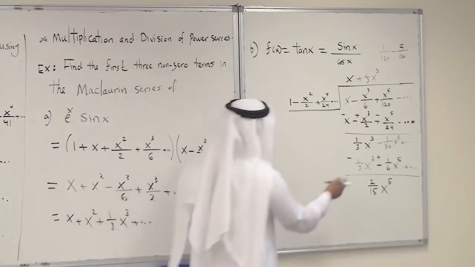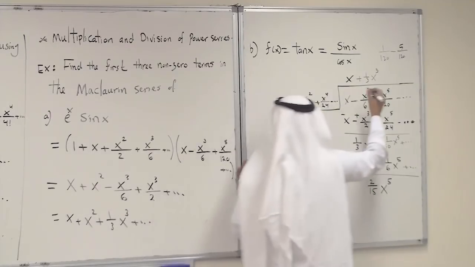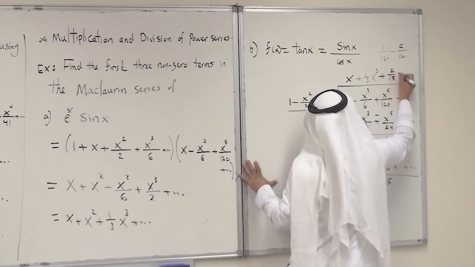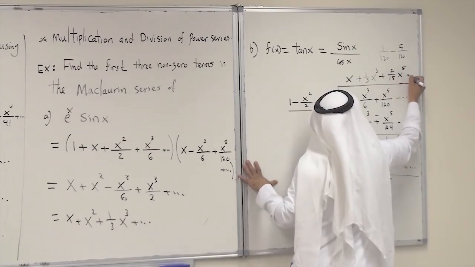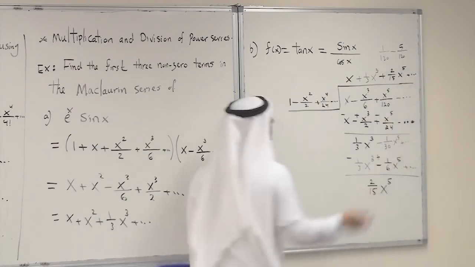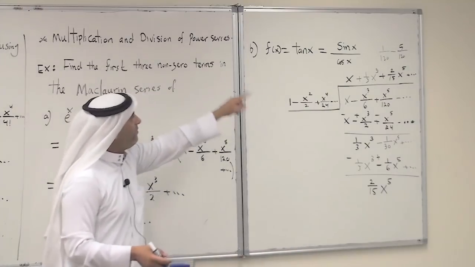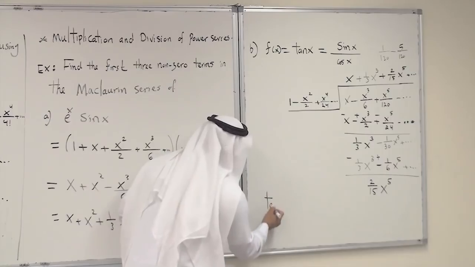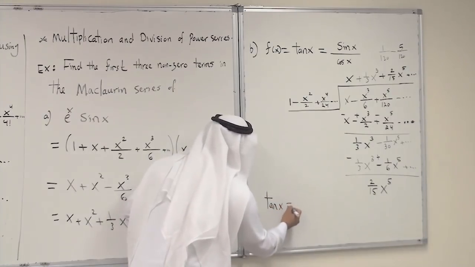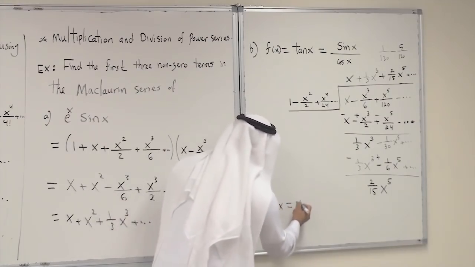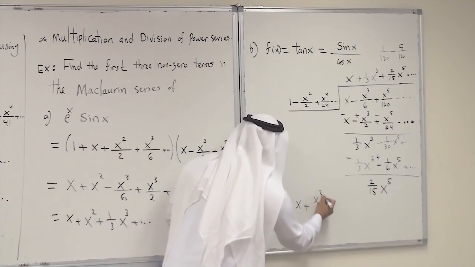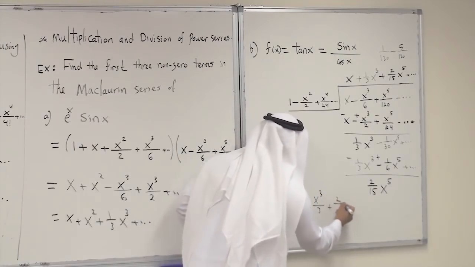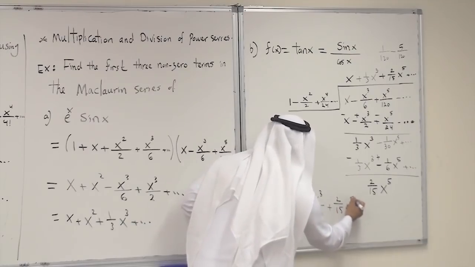So what is next? If I divide now, this will be plus 2 over 15, x to the power 5, plus, etc. No need to multiply because I'm looking only for the first 3 non-zero terms. It seems that tangent of x is given by x plus x cubed over 3, plus 2 over 15 x to the power 5.